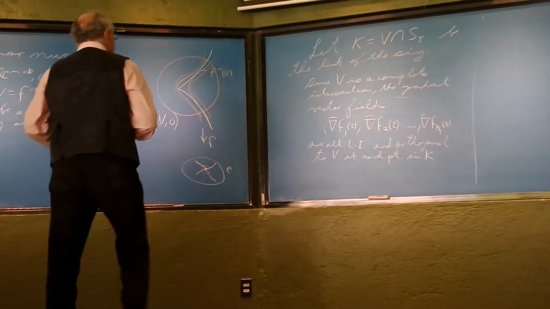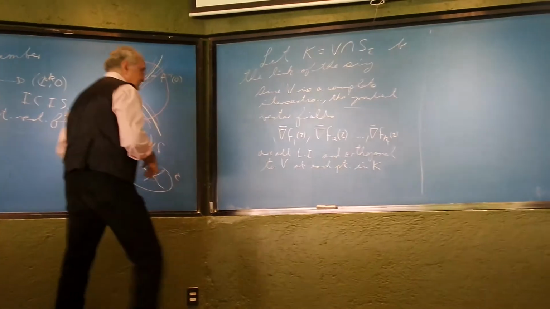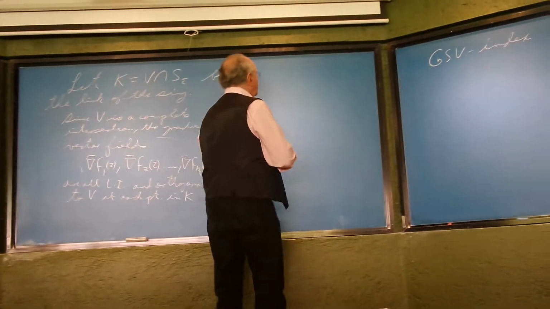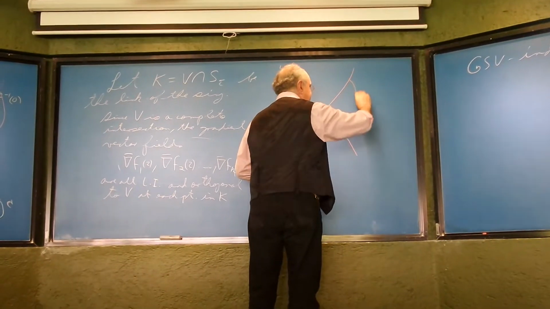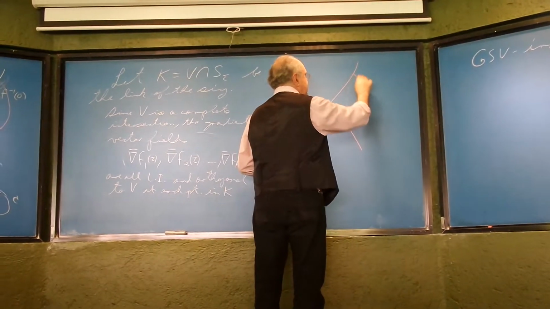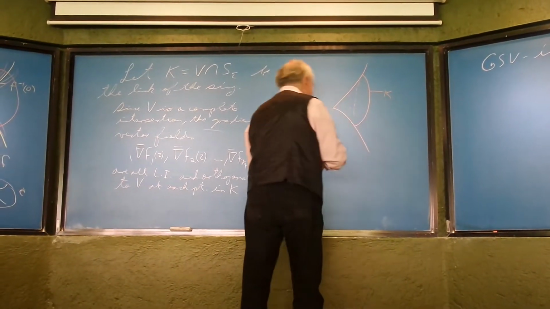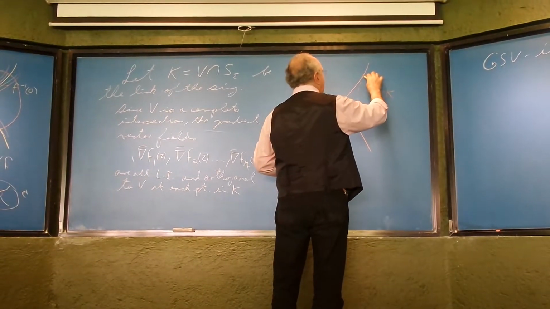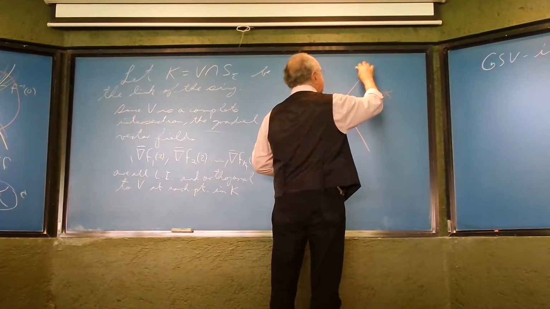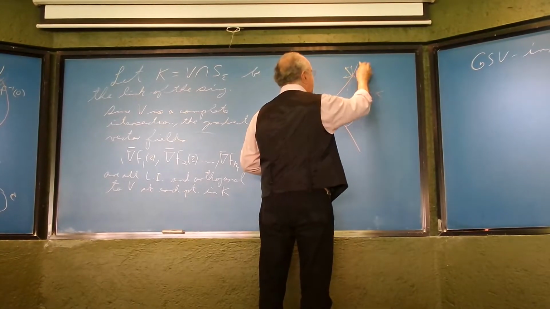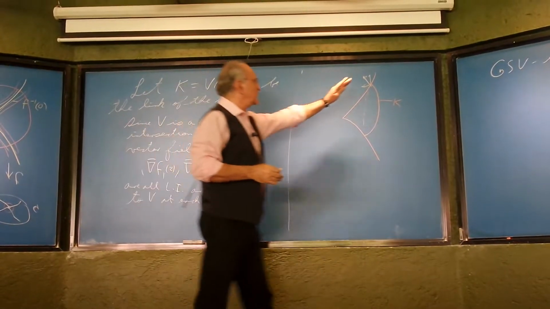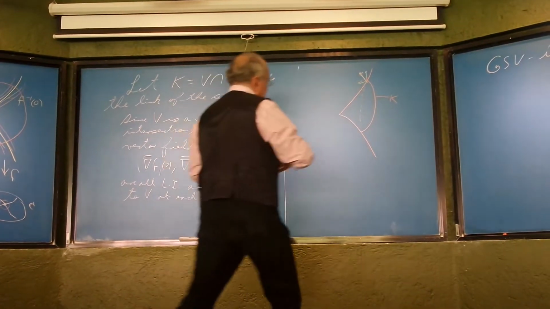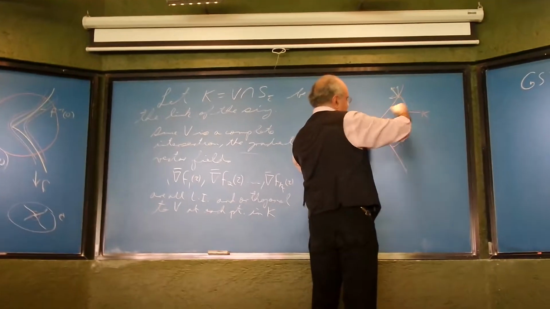So if we have a singular variety, we take an intersection with the sphere. This is the link, and at each point here we have these k vector fields which are all orthogonal to this variety, which is non-singular here. And we have it at all points, in particular.